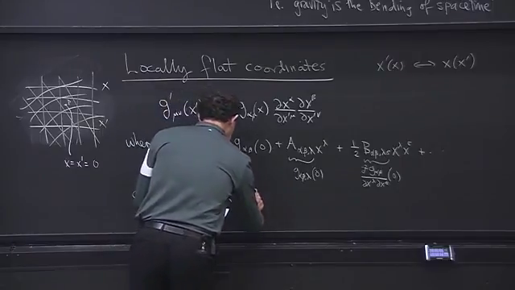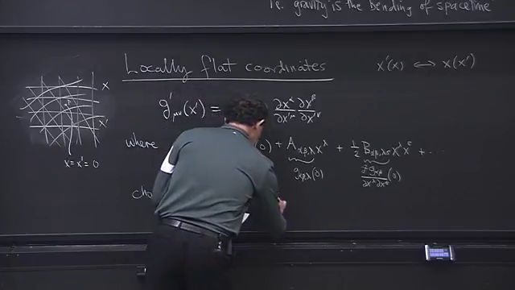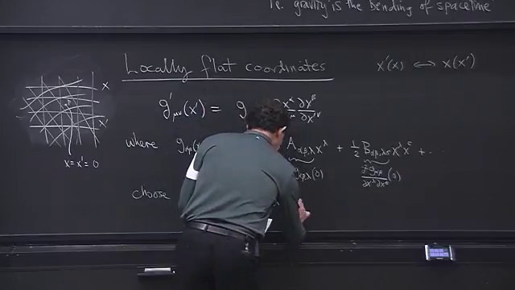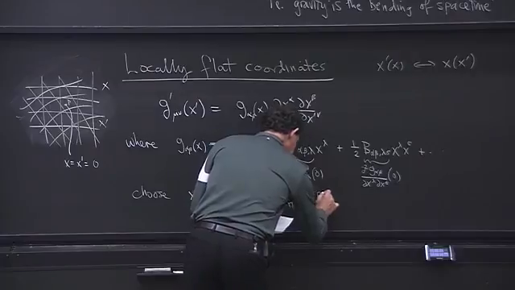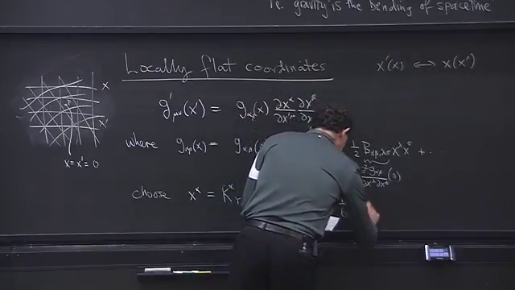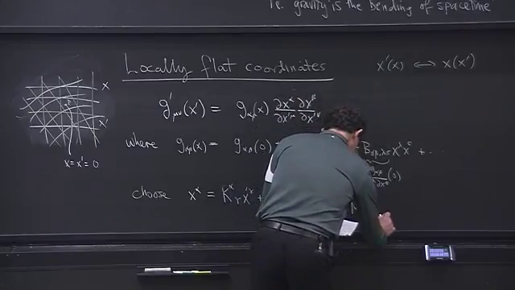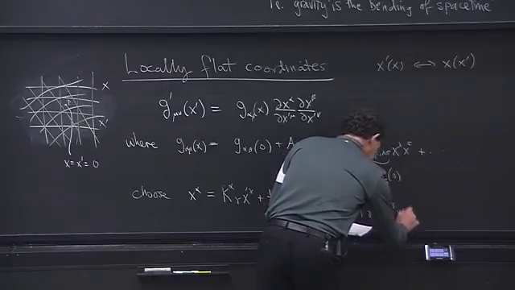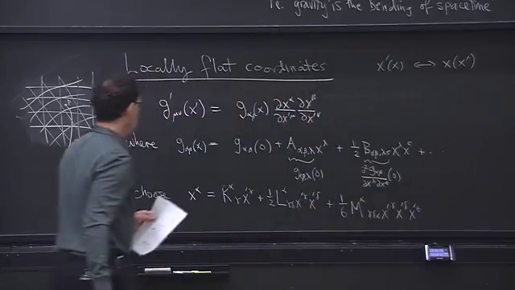x alpha equals k alpha gamma x prime gamma plus 1/2 l alpha gamma delta x prime gamma x prime delta plus 1/6 m alpha gamma delta epsilon x prime gamma x prime delta x prime epsilon, plus dot dot dot.